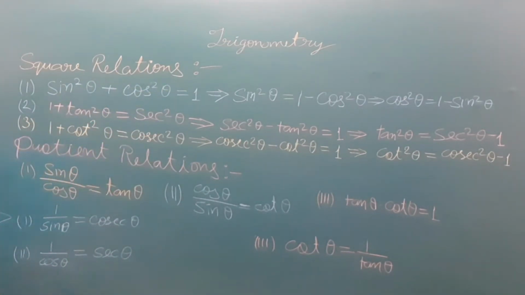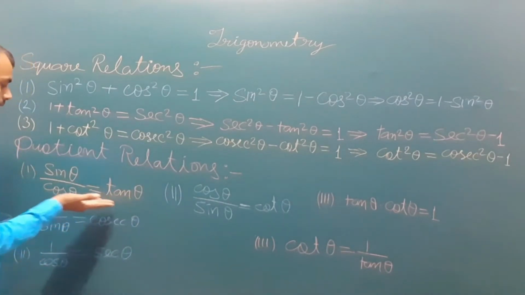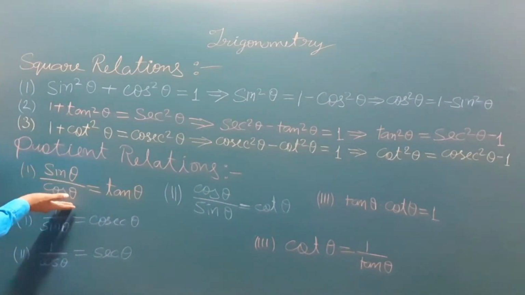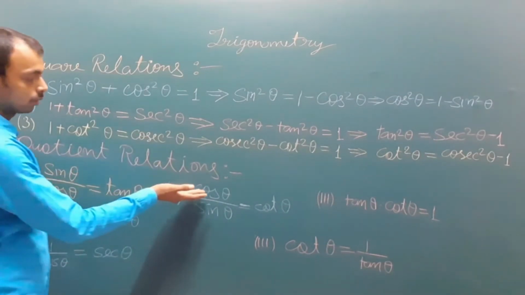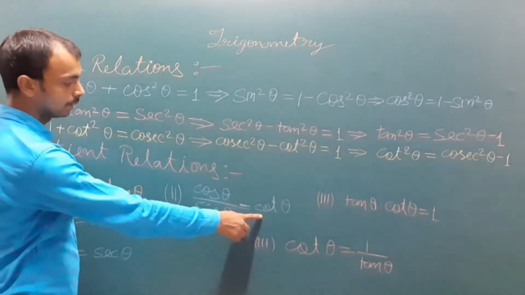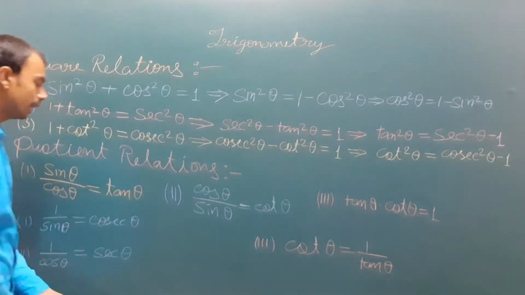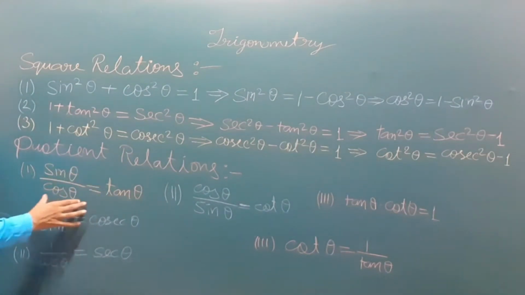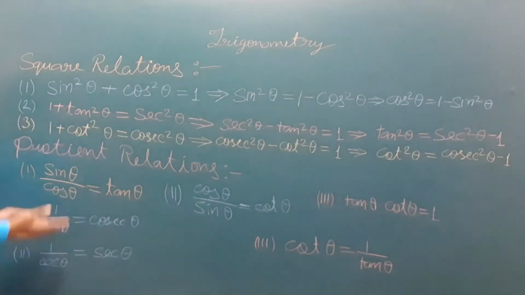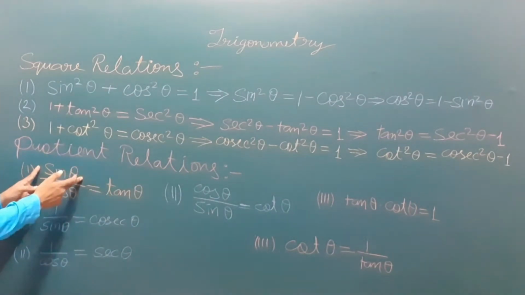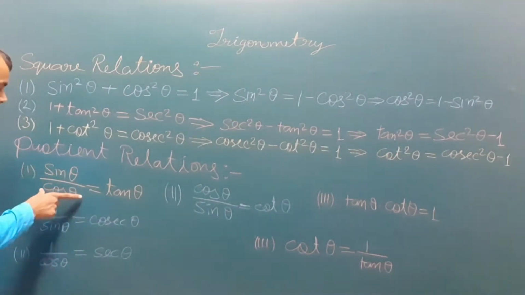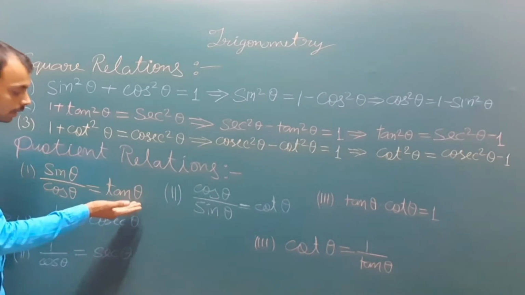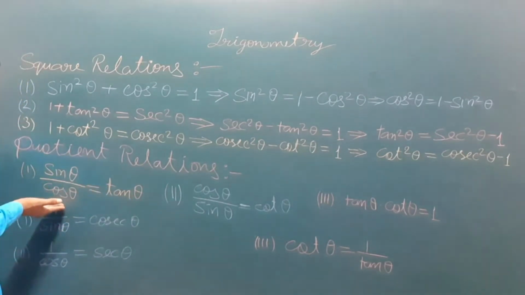So tan theta is equal to sin theta upon cos theta, and cos theta upon sin theta is equal to cot theta. From here we can also derive that sin theta is equal to tan theta into cos theta, isn't it? If I want to find the value of sin theta, it can be equal to tan theta into cos theta.